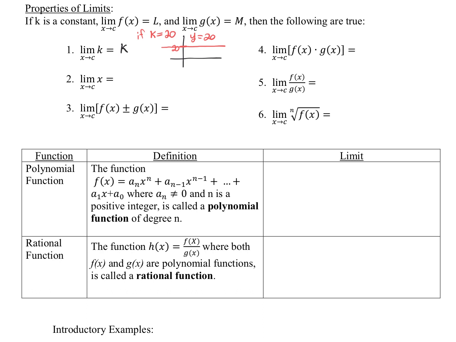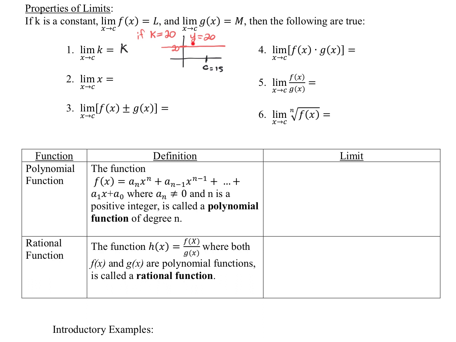The next thing we would need to do is decide on some x value c. It doesn't matter what c is. You can imagine like maybe c is 15, but c could be any number. And the question is, what is the limit of 20 as x approaches 15?